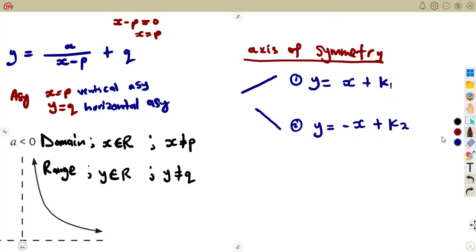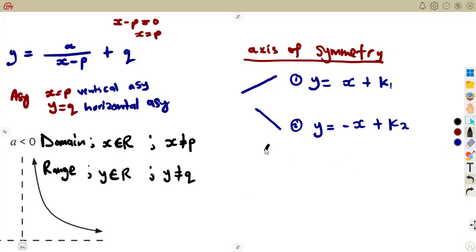To find k, you are going to use the coordinate which is the point of intersection of the asymptotes. You use the point of intersection of the asymptotes P, Q. So this axis of symmetry passes through the intersection.